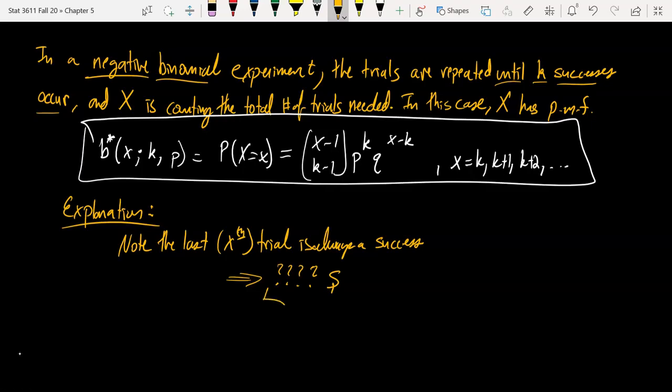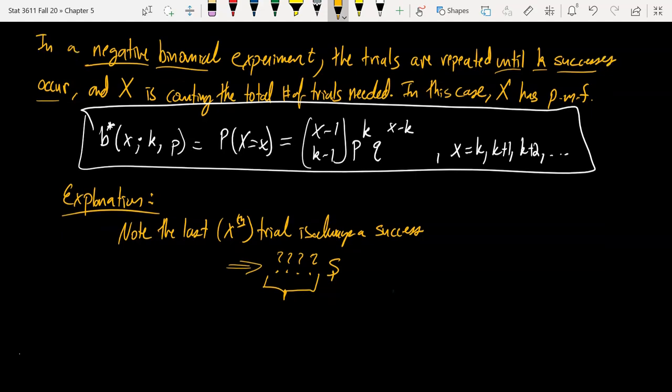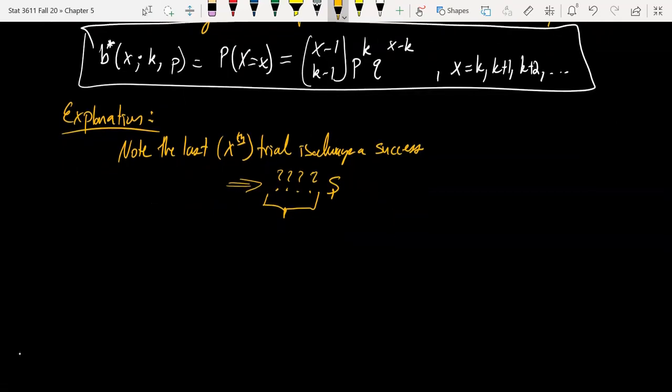So what about these unknown trials before the last success? Well, if it took you x tries to get the desired number of successes, that would mean that there are x minus 1 trials before that. And in those x minus 1 trials, there has to have been k minus 1 successes, right?